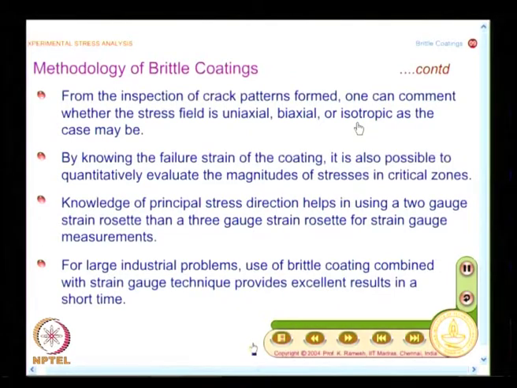In fact, in some of the earlier studies, even identifying zones of uniaxial, biaxial and isotropic was an issue in large problems. Suppose I know in a particular region I have only a uniaxial state of stress, then I can reduce the strain gauge channel, that is the advantage. Here we are not talking about laboratory size problems, we are talking about industrial problems which are very large in size.